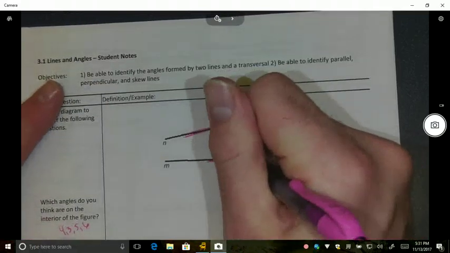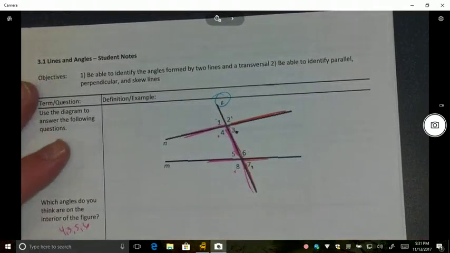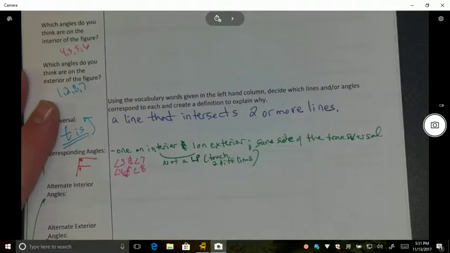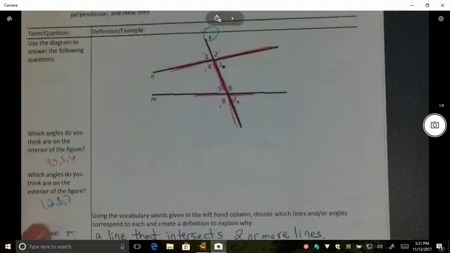So in this particular picture, our angles are angle 3 and 7, angle 4 and angle 8.